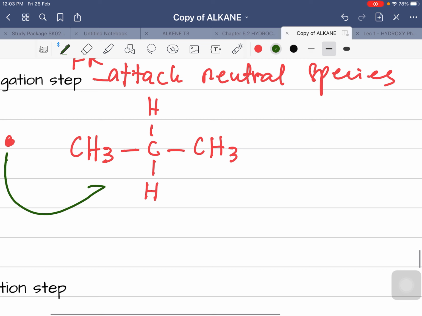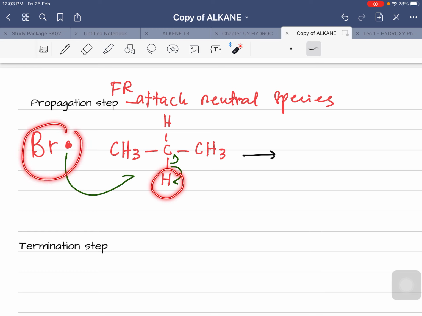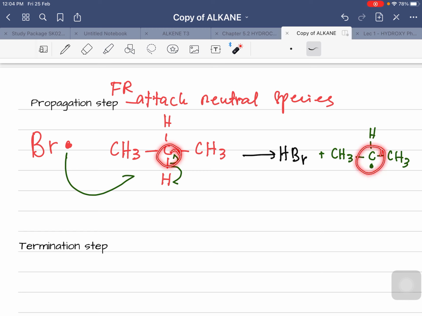Let me zoom. One electron will go to carbon, another electron will go to hydrogen. Since the hydrogen breaks off, it forms a hydrogen radical and combines with the Br, so it forms HBr and leaves the carbon with an unpaired electron. So this secondary carbon got one electron, so it becomes a free radical.